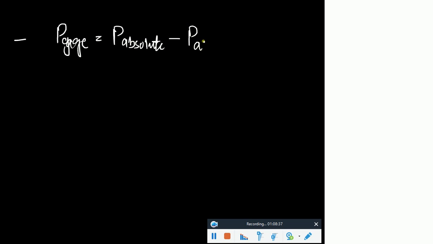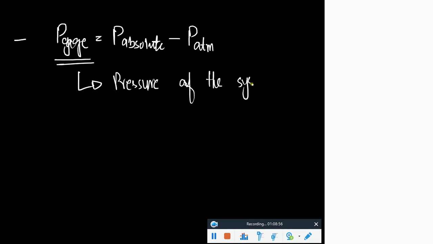P gauge is equal to P absolute minus P atmosphere. Generally you use this gauge pressure term when the pressure of the system is greater than the local atmospheric pressure.